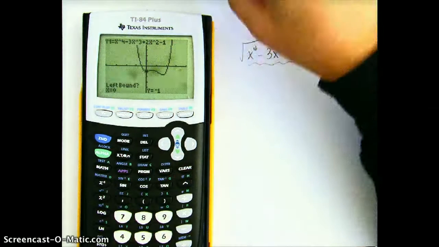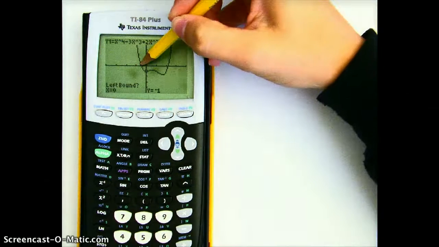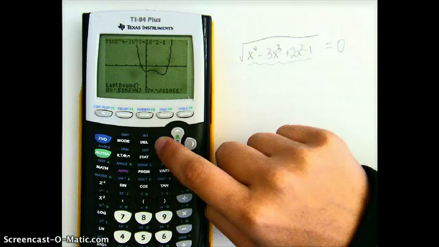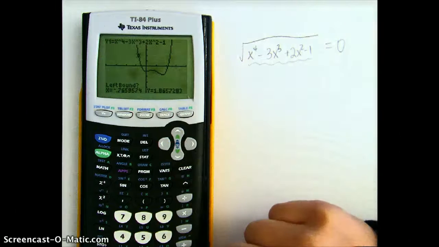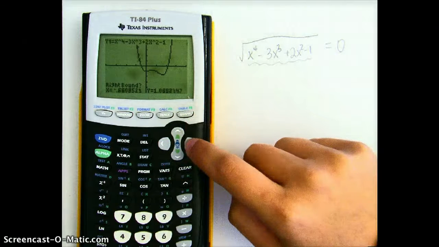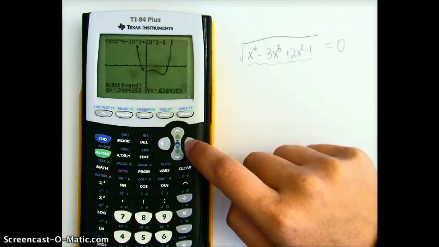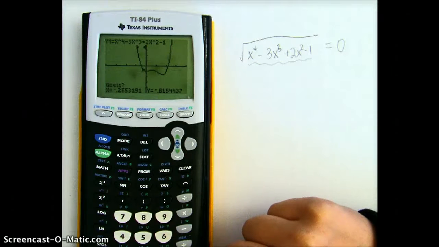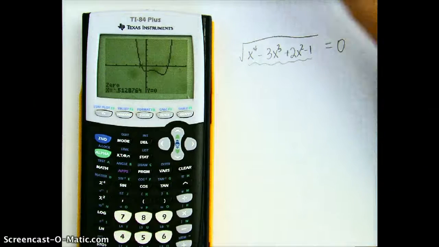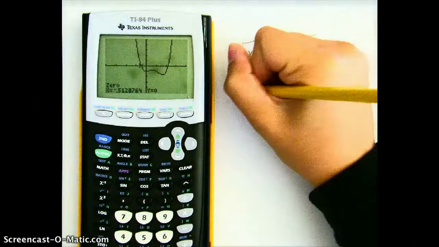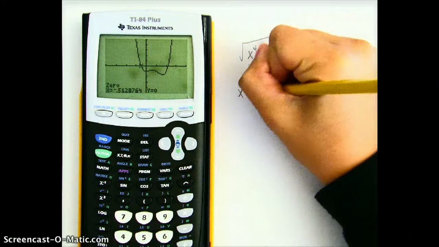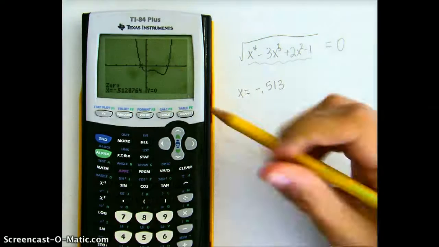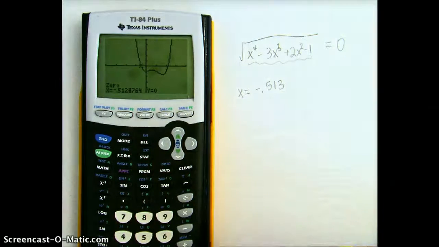So if I'm going for this first zero, I want to go to the left of it and hit enter, and then to the right and hit enter. And it's going to ask me to guess. I'll hit enter again. And I get that one of my zeros is at x equals -0.513.